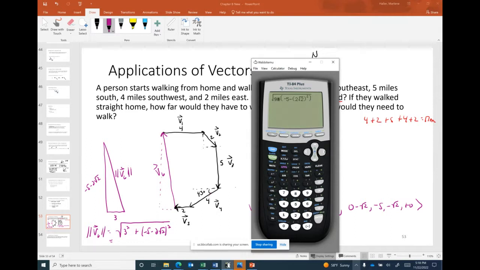I didn't type this in right. Let's try it again, because I want to square that whole thing. Now let me just insert a parenthesis. I got an extra parenthesis under that radical there. Let me get rid of it. I may just have to type this whole thing. Okay, there we go. 2 square roots of 2. I need a parenthesis outside there. All right, so let's try it here.